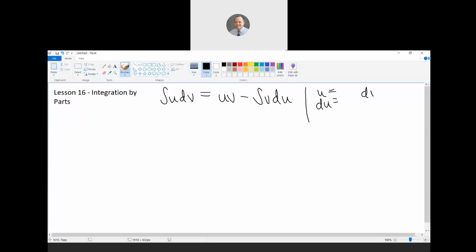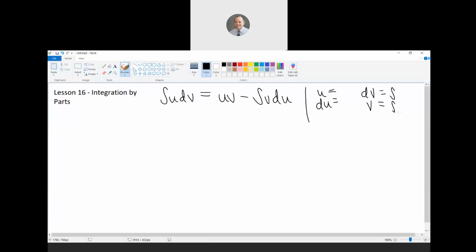So you'll label whatever dv may be, and then to find v, you just integrate whatever you identify dv as. This is called integration by parts, and you use this when your conventional integration techniques will not work.